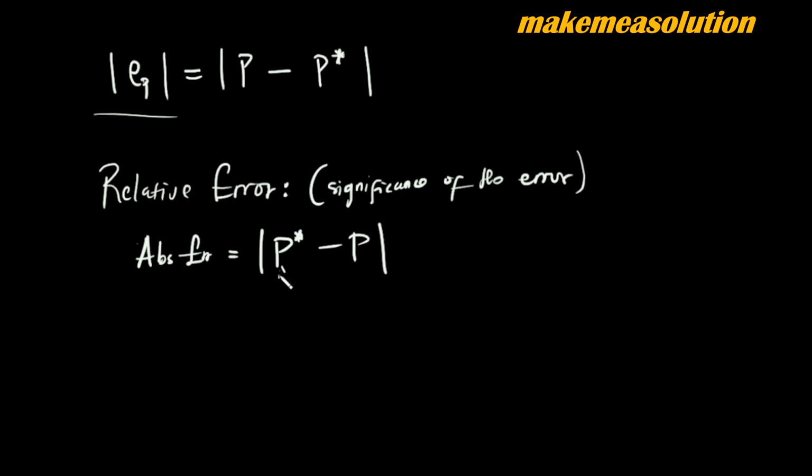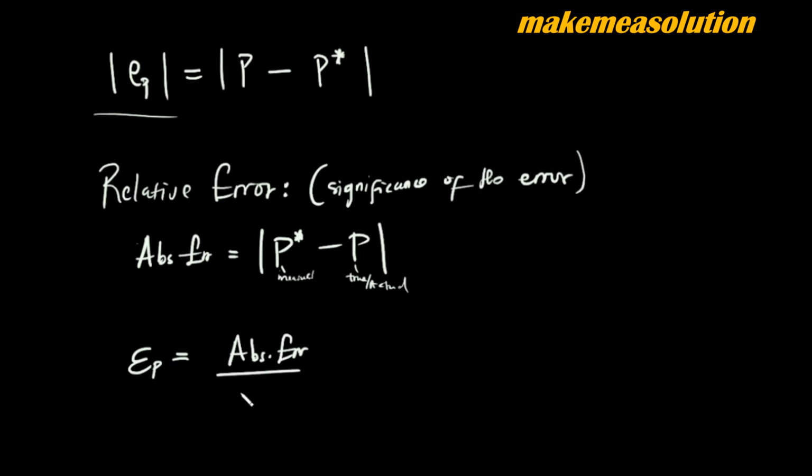So this is the measured and this is the true value, true or actual. So the absolute error returns the size of the error, but the relative error, which can be using this symbol E of P, okay, this symbol epsilon, you can calculate it by dividing the absolute error by what?